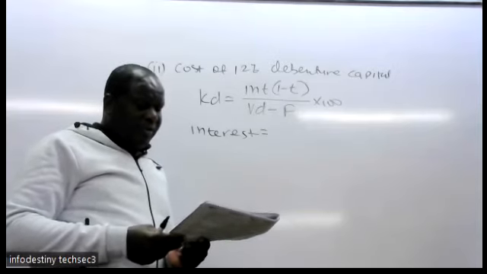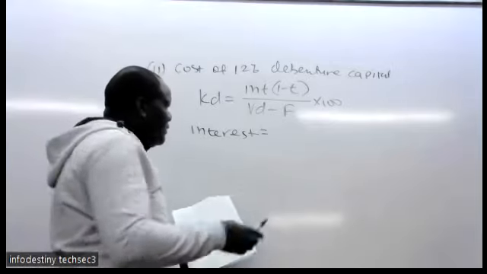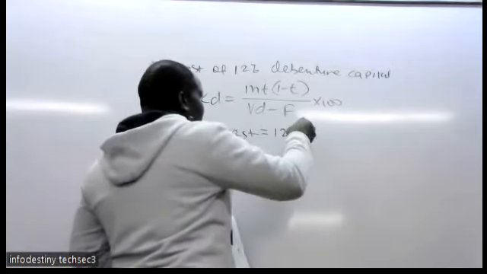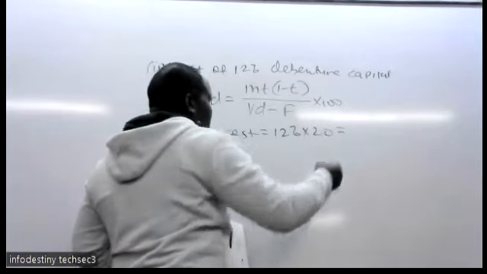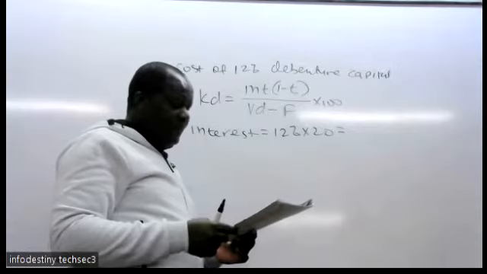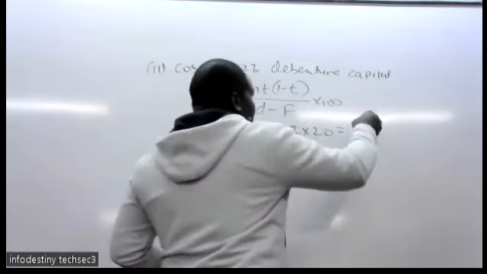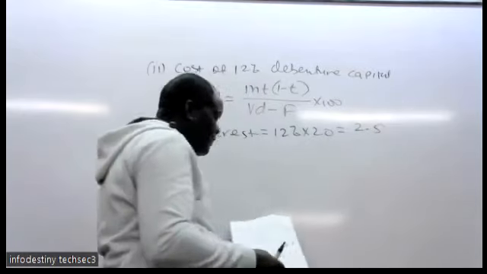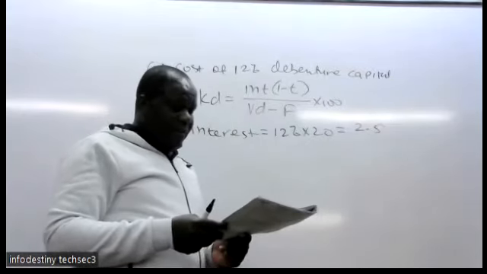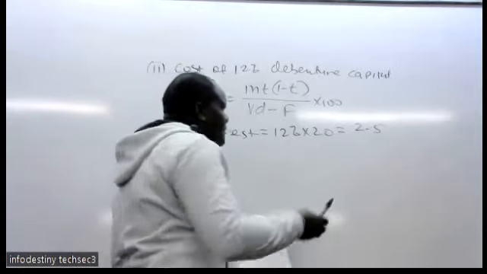Are you able to see 20? So we get 12% of 20, which is supposed to be, sorry, 2.4.